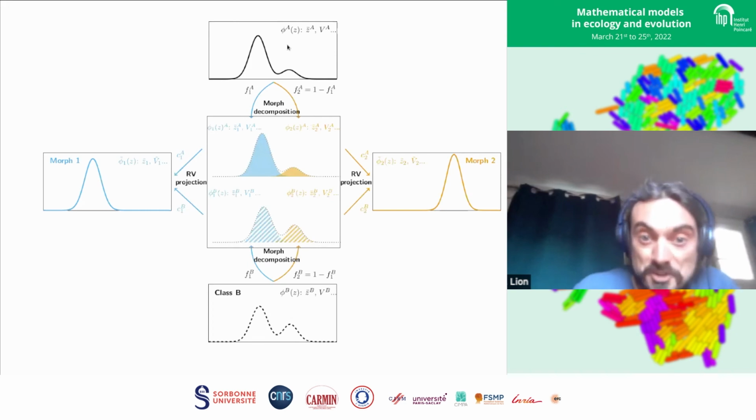So what is the process? We have some morph decomposition. In each class, we decompose the distribution into two or more morphs, and then we aggregate our different morphs to obtain some aggregate morph distributions, and we're going to track the moments of these distributions.